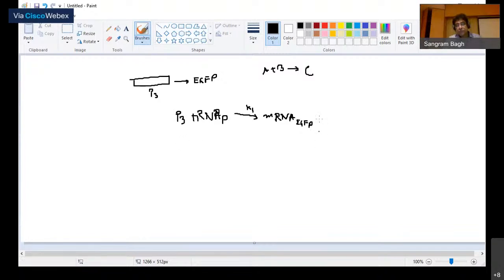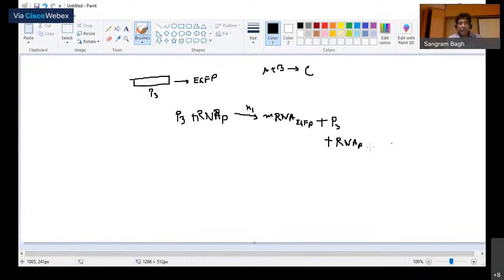So here you have P3 coming back, and RNA polymerase is again coming back. This is your chemical equation 1.